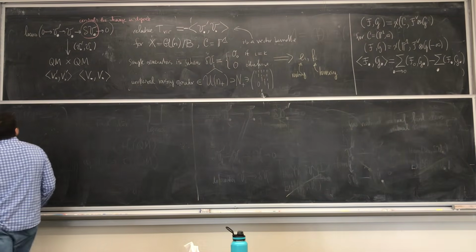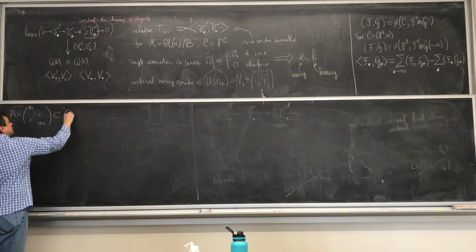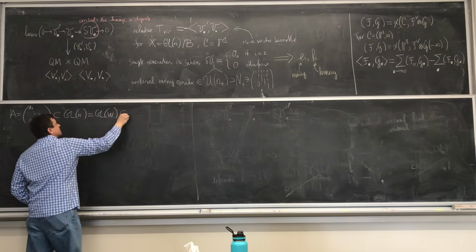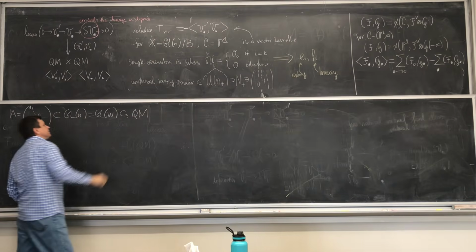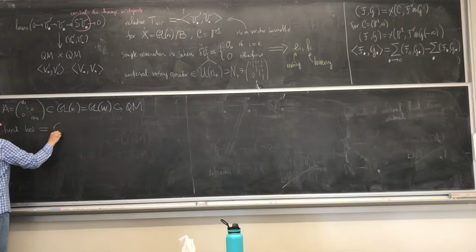So if I take the fixed loci, I have the maximal torus A1 for n inside G of n, which is G of W, acting on Quasimaps. If I take the fixed loci, this is the same as Gelfand basis.